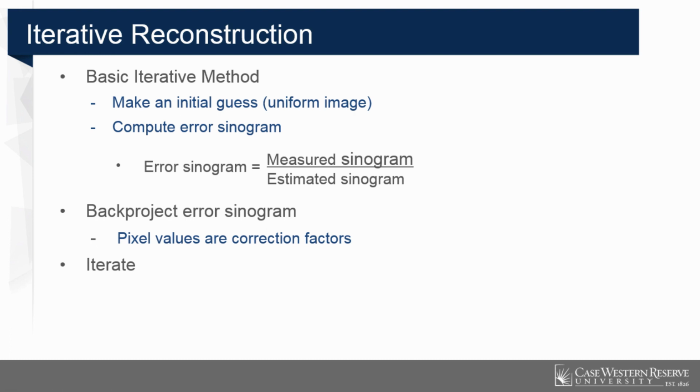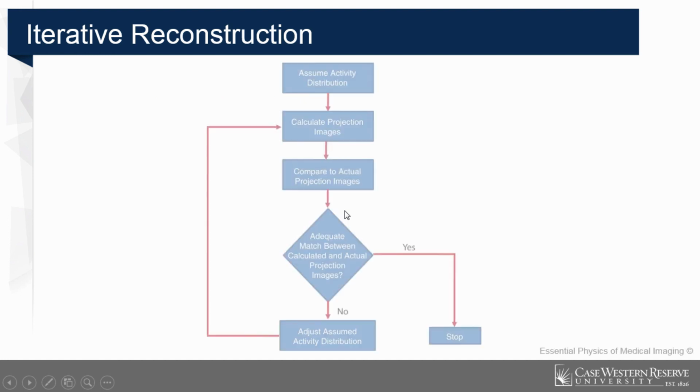You compare this sinogram with the measured sinogram, then you will get a correction factor. You use this to correct your guess, and go through another round of iterations, so on and so forth. Then you will set up a threshold each time you compare the forward projection of your guess with the measured sinogram. If the difference is small enough, you will stop.